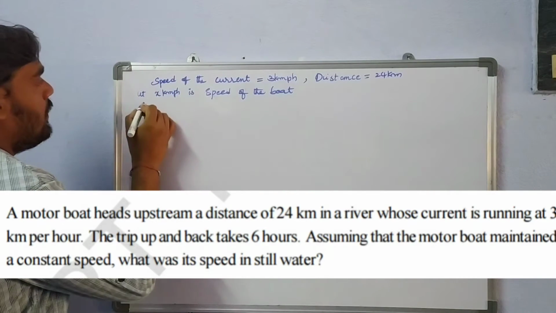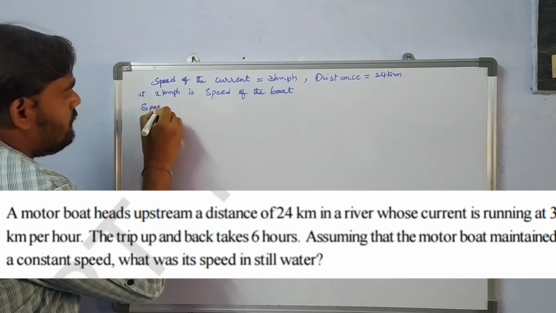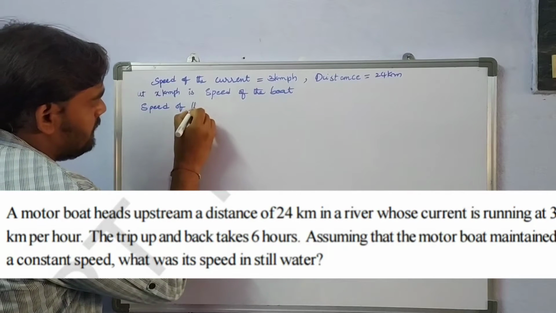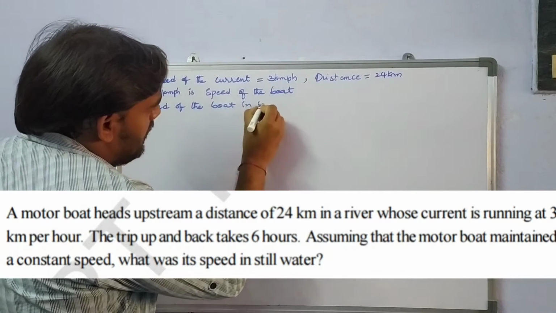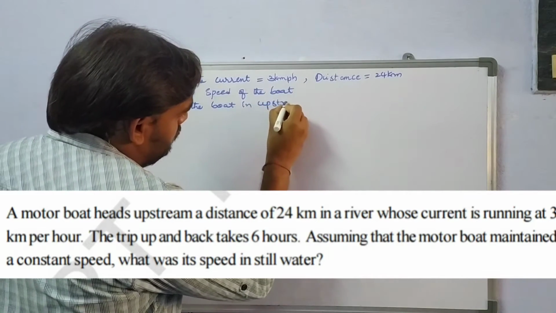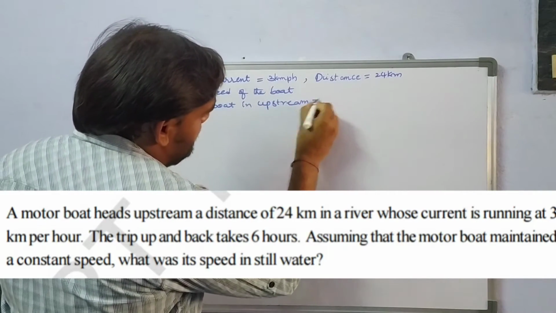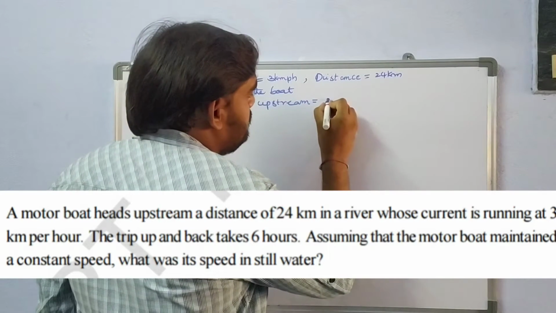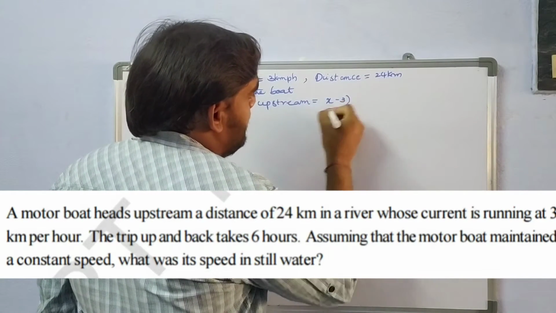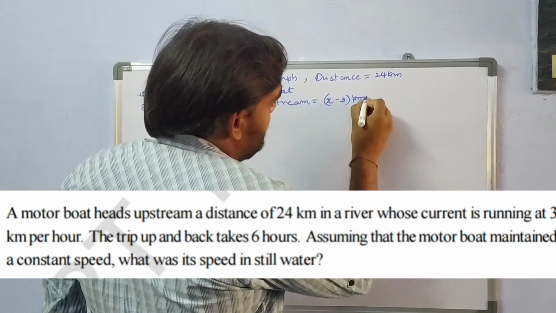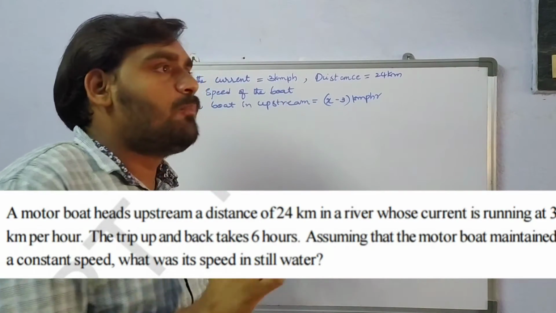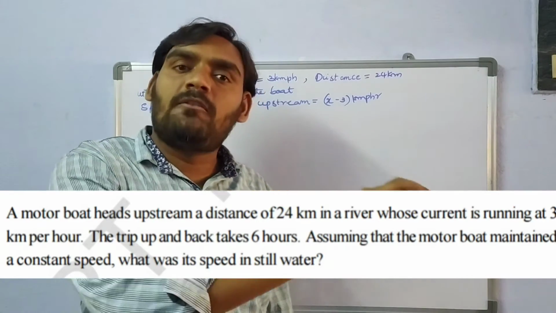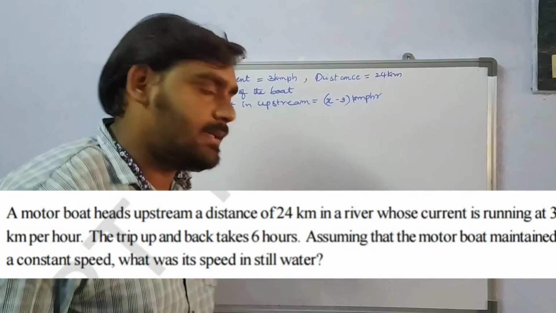Next, the speed of the boat in upstream is equal to x minus 3 kilometer per hour. I told you upstream is nothing but the speed of the boat against the speed of the flow of water, means the speed of the current.